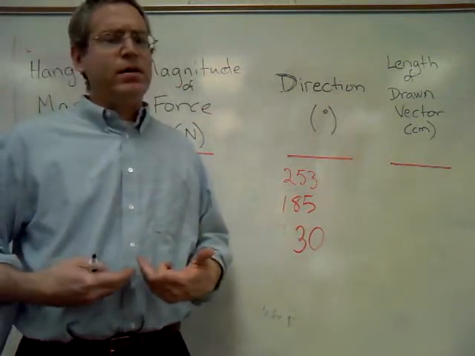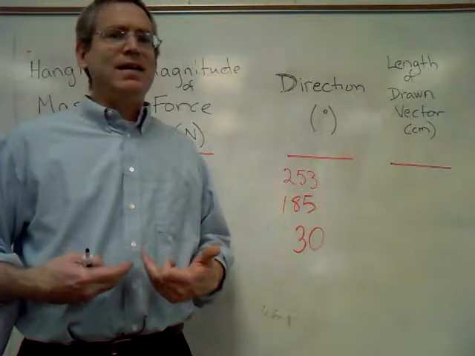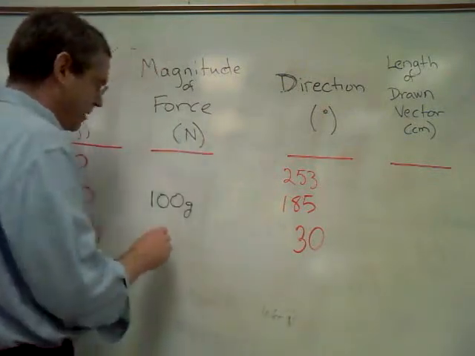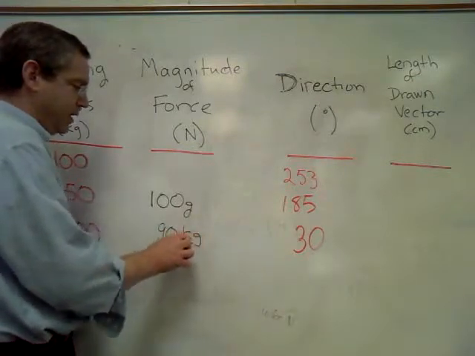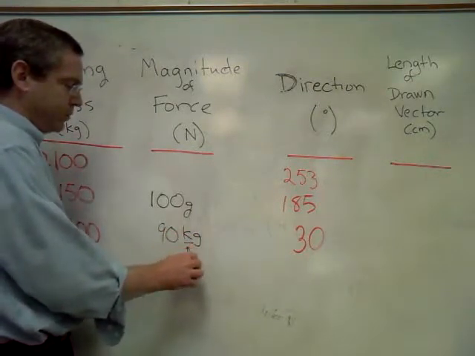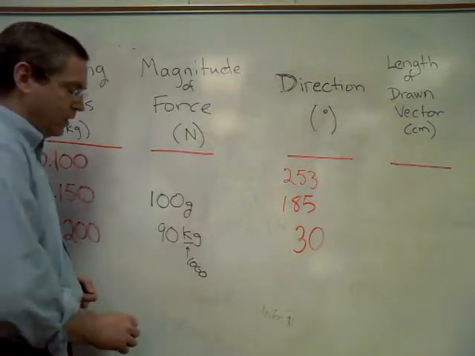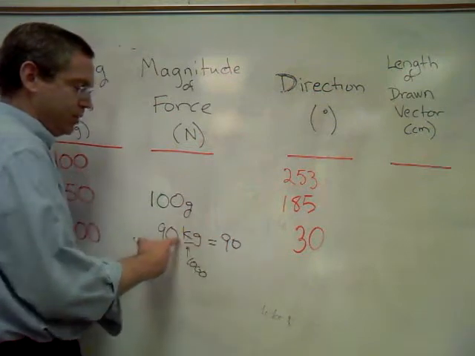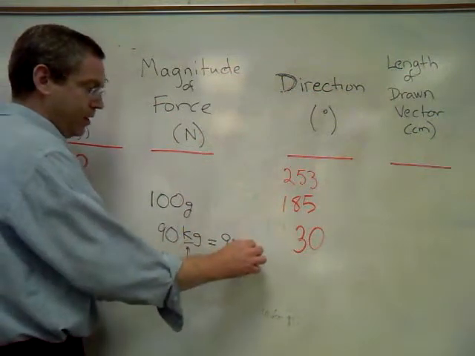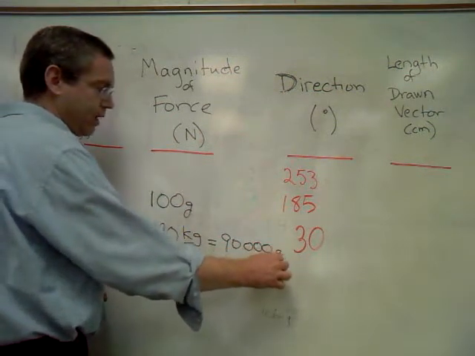My mass is about 90 kilograms, or about 90,000 grams. If you think about it that way, 90 kilograms, kilo means 1,000, so this would be the equivalent of 90, substituting 1,000 grams for kilo.